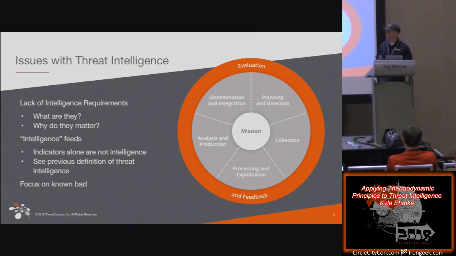That requirement would then dictate the sources of information that you collect or procure. It would also dictate how you might go about processing or exploiting that information, as well as the specific intelligence analysis that you produce from exploiting that collection.